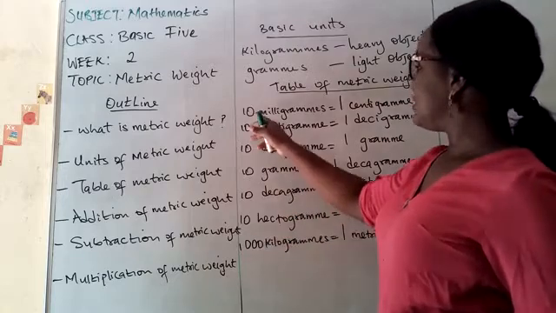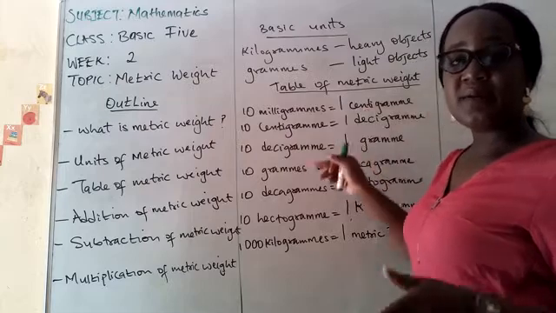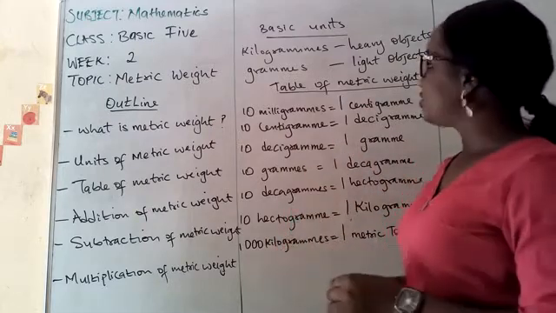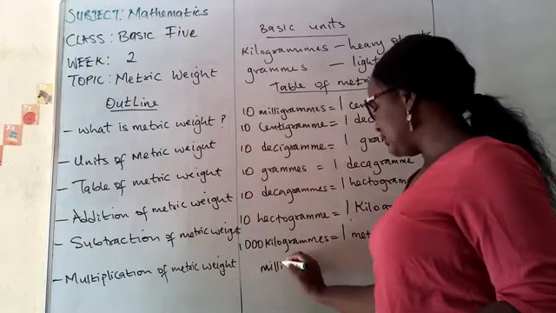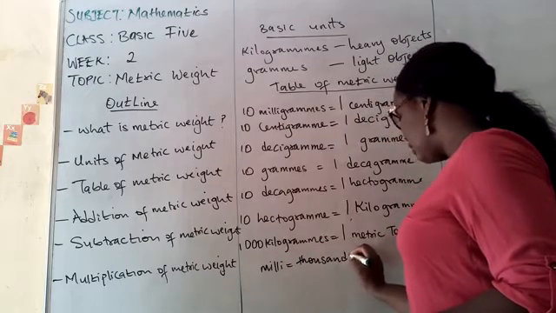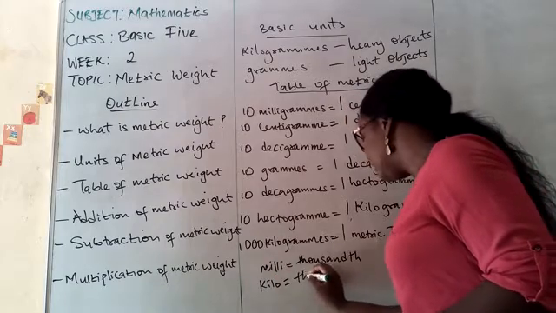I said 10 milligram will give you what? 1 centigram. Remember in your table of capacity, we met milli, right? And I told you that anything milli, whenever you see this, it connotes what? Thousands. Anything kilo also connotes what?